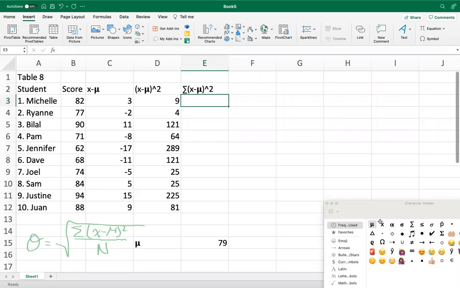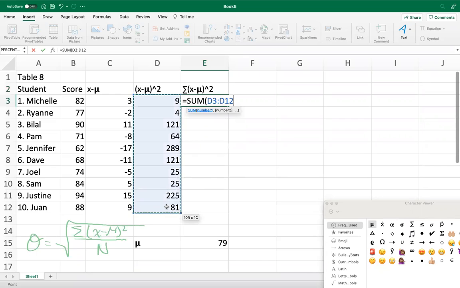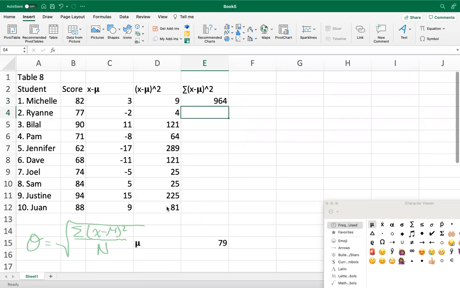And here, for the sum, we're just going to take the summation of all of these values, adding all those values up together. 964. So now we have this entire numerator. We just have to find this denominator right here. And the denominator is 10 because we have 10 different data points.